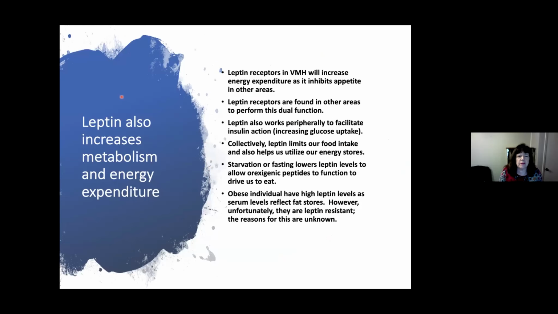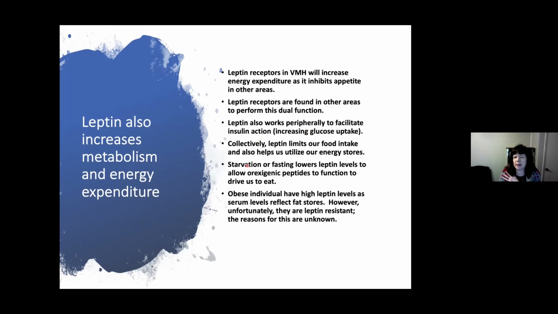So as I said before, leptin also causes a metabolic increase in energy expenditure. So in addition to inhibiting appetite, you'll find it all over. It facilitates insulin action, helps us to have the appropriate glucose uptake.